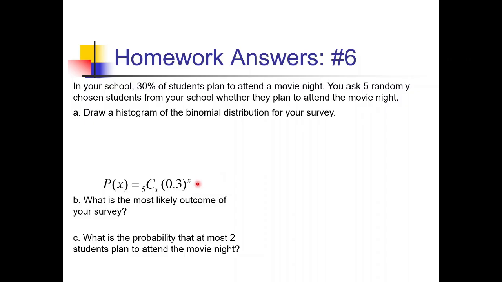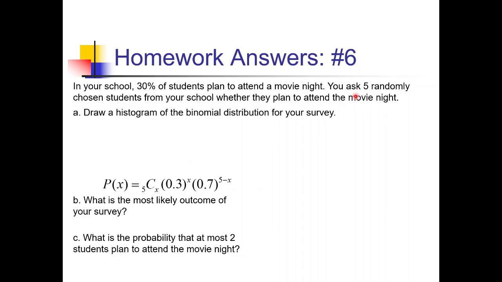And now the 1 minus p to the n minus k part, the probability of failure. If we have a 30% chance of them saying yes, then there's a 70% chance that they say no, so 0.7. And we're going to raise that to the 5 minus x. That'll give us the number of failures in each case. So let me set up a table here.